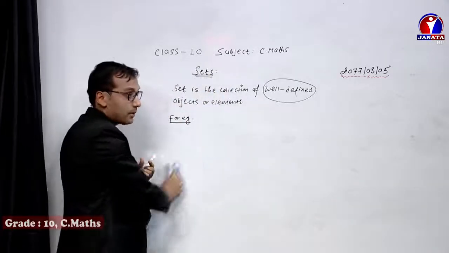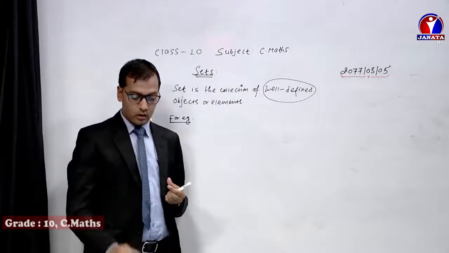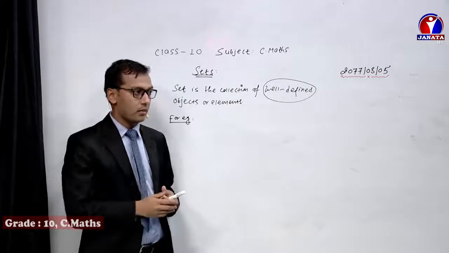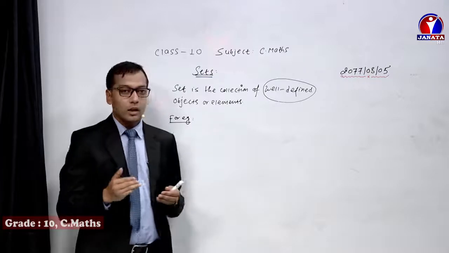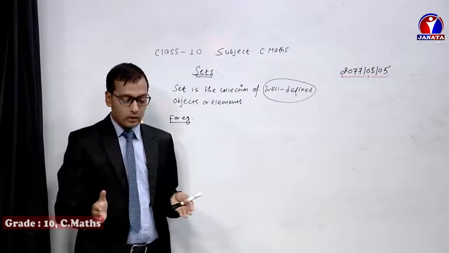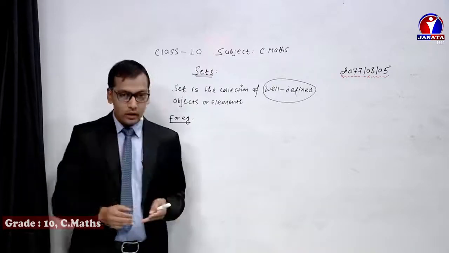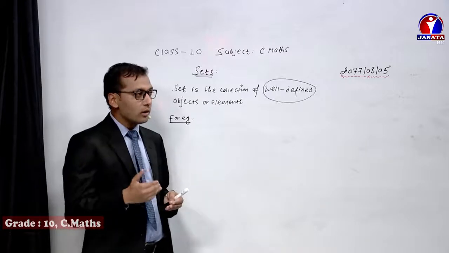Similarly, there are other types of sets. I am not going to talk about these, because this is a topic of lower classes, and all of us know about these different types of sets. Now let me move on to the next topic.